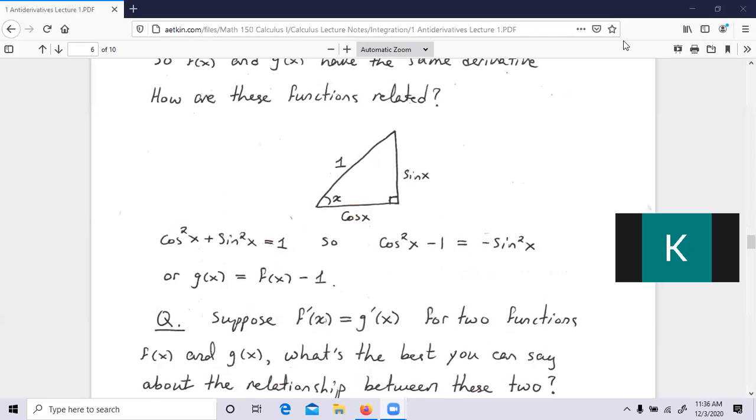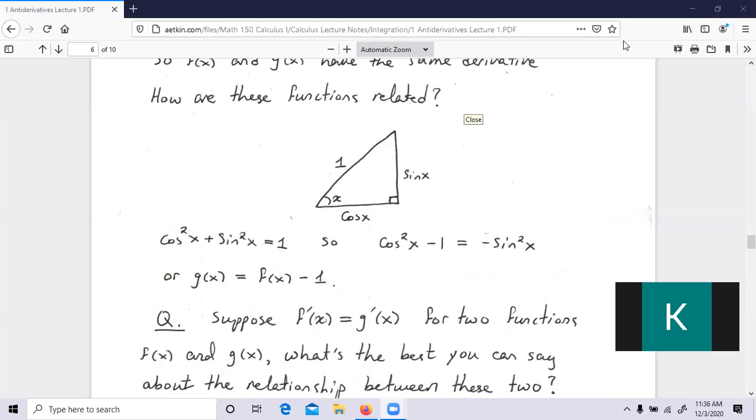Wonderful, wonderful. Two people are seeing it. What about the rest of you?